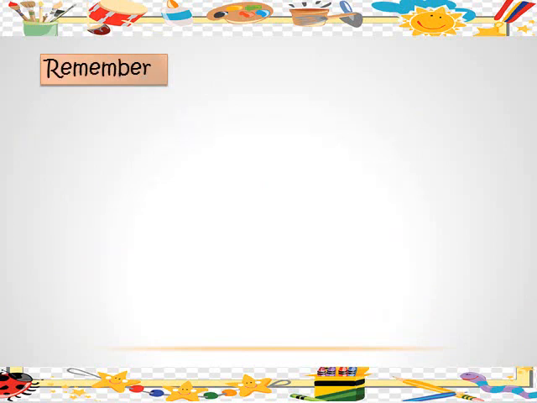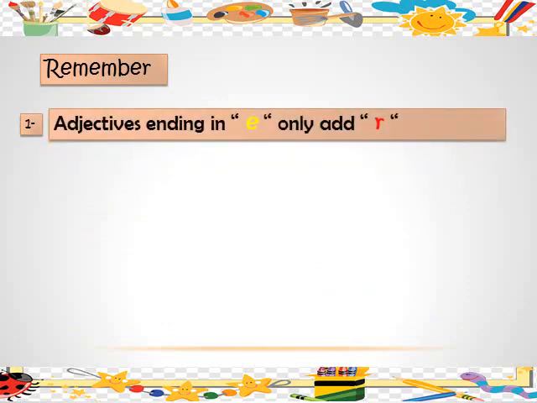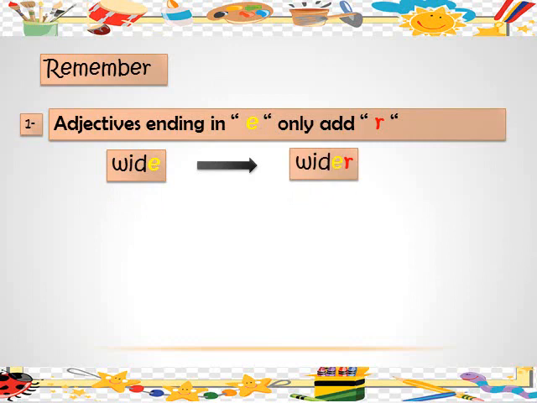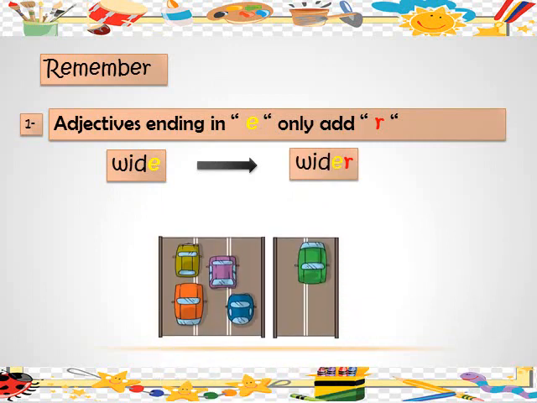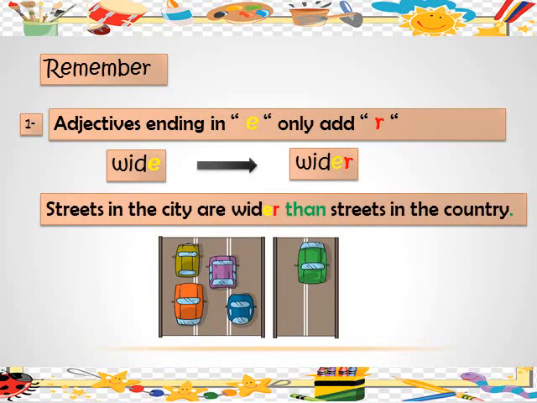Please remember that some adjectives ending in letter E, if you want to change them into a comparison form, you have to add only R to the end of the adjective. Like the adjective wide, it ends with letter E. If you want to change it into comparison form, yes, we say wider. Let's see this example. Streets in the city are wider than streets in the country.